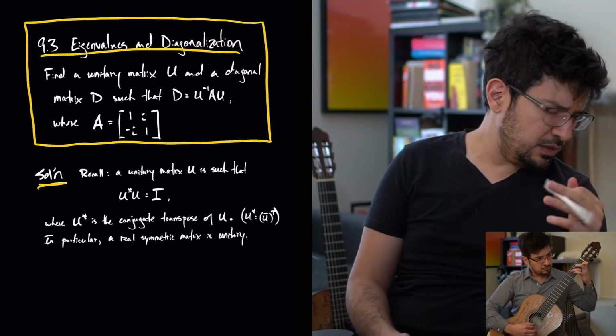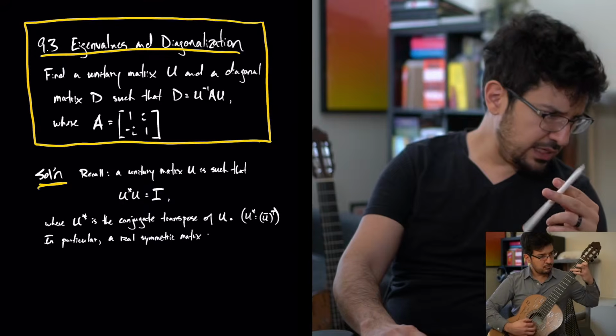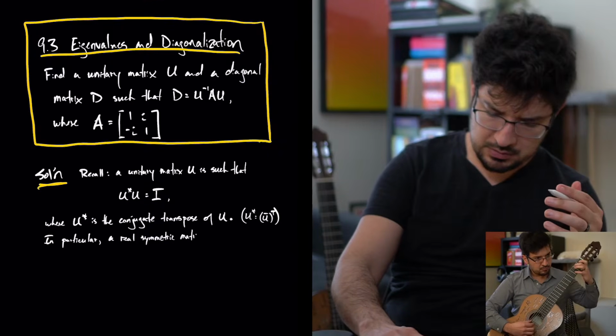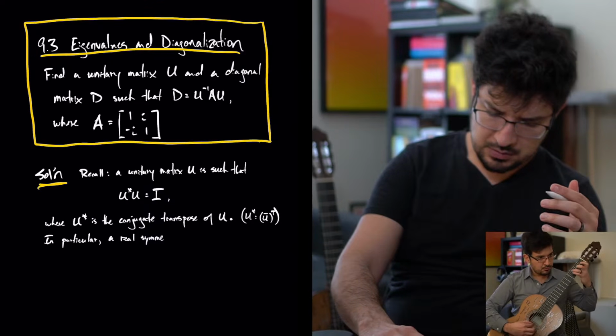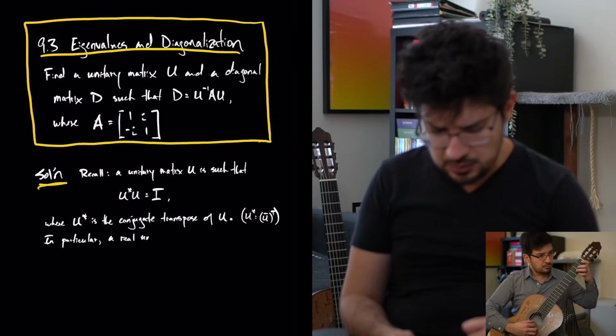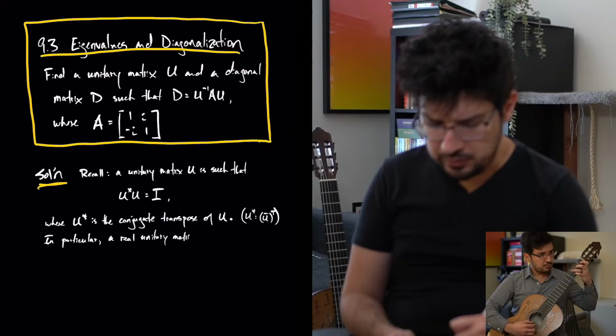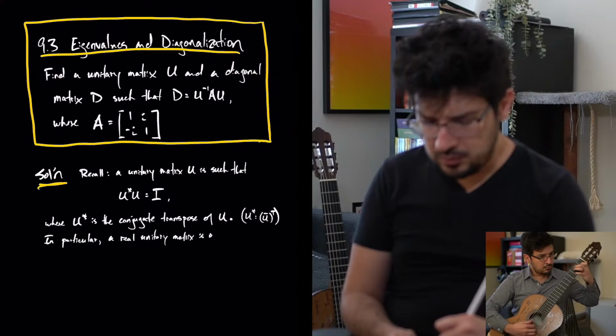Or a real unitary matrix is orthogonal. Oops. A real unitary matrix is orthogonal.